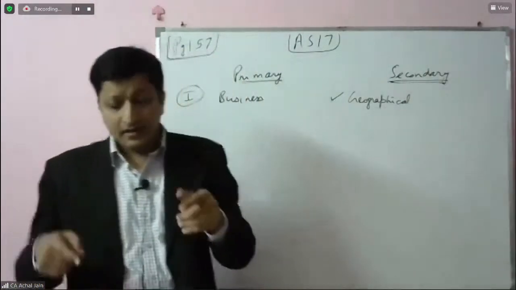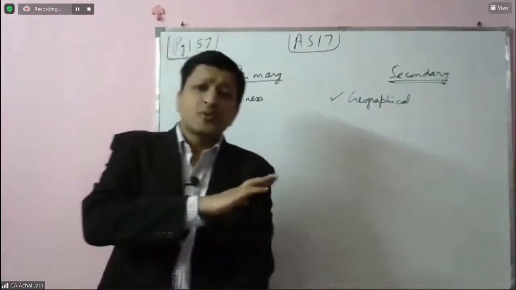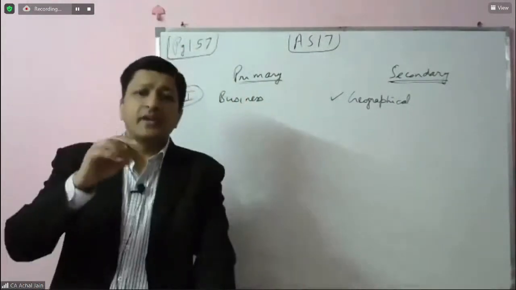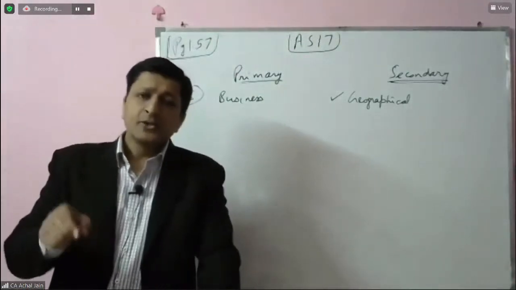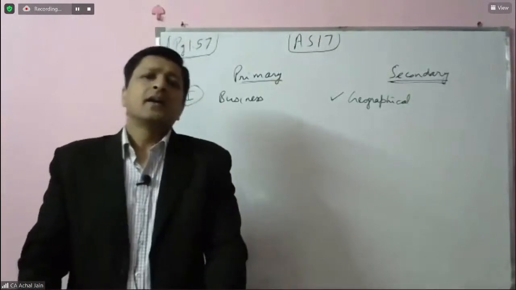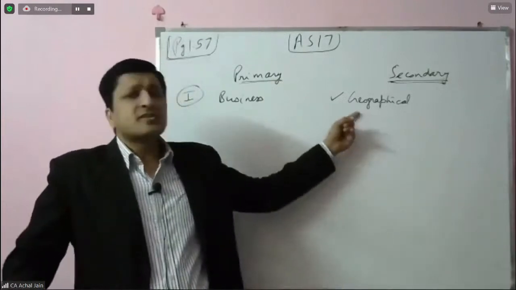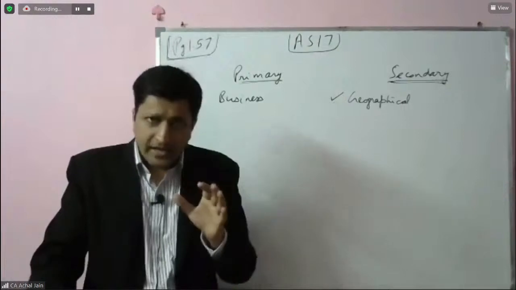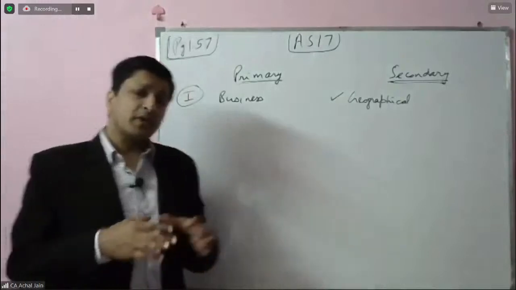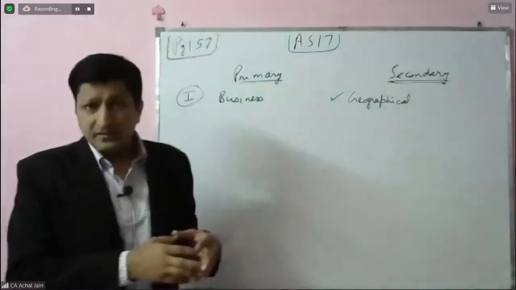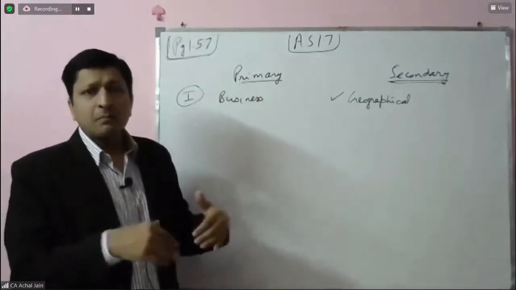For the geographical segment, we will use this criteria, because for the geographical segment, disclosures are not required to be given for every reportable segment. No. Only limited disclosures are required. And that's why you will apply this limited criteria for the assessment of those segments for which secondary disclosures will be given. Clear? Yeah, I can understand this can become quite confusing. So it's very, very important for you to follow that flow chart which I shared with you. And also this chart which we will be now completing once we are done.